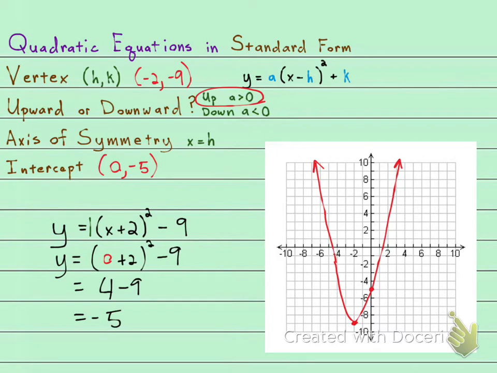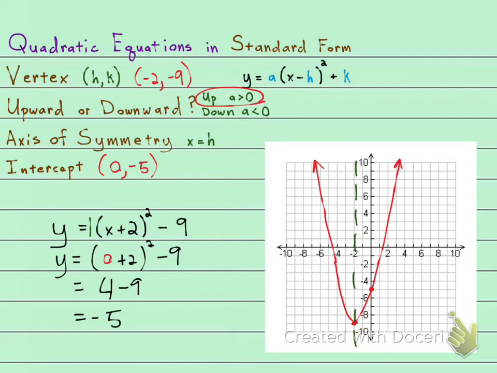The axis of symmetry is the vertical line that cuts this thing straight down the middle, which would be right here. So the axis of symmetry is always going to be x equals whatever the first part of the vertex is, x equals h.